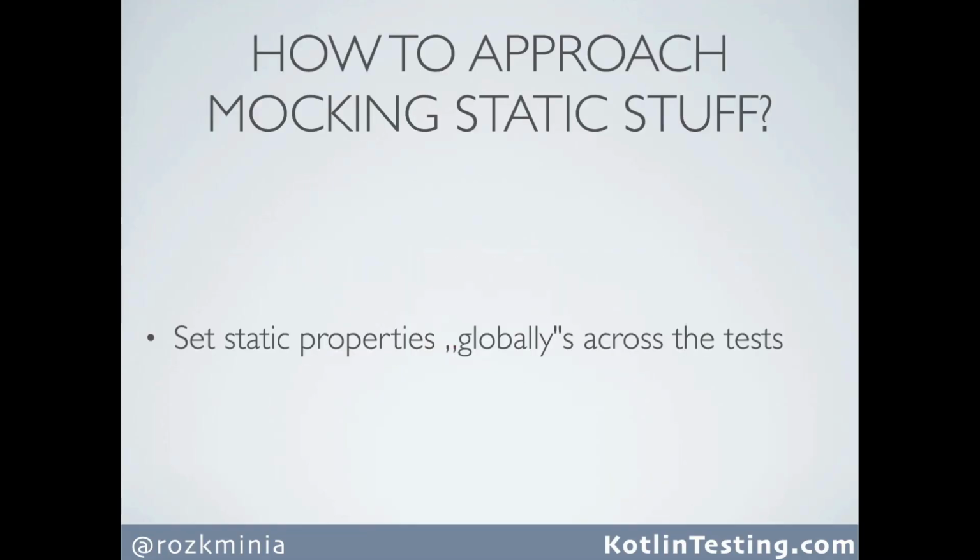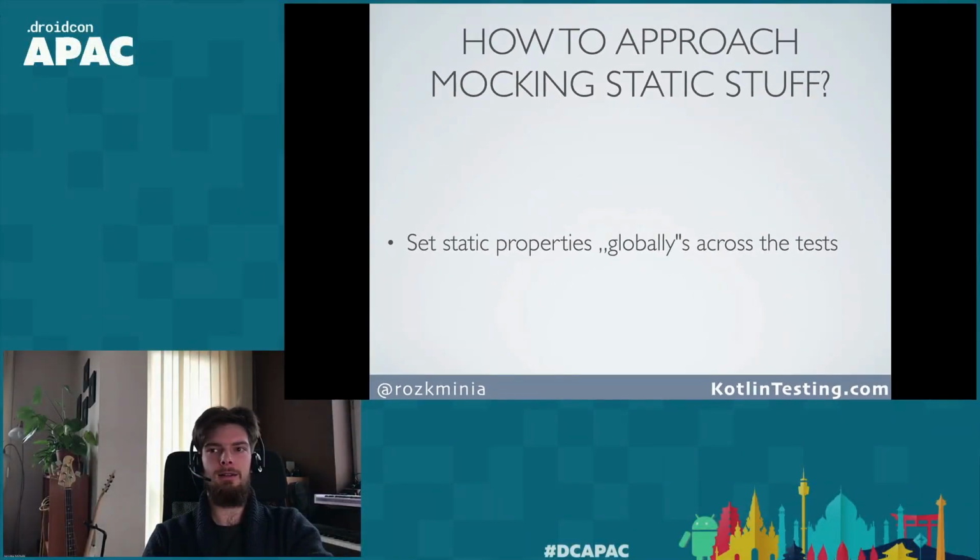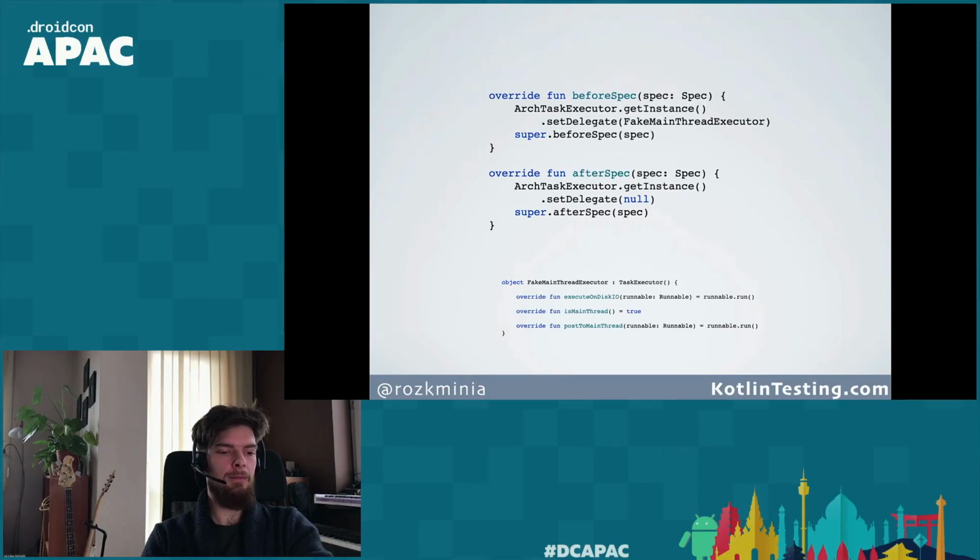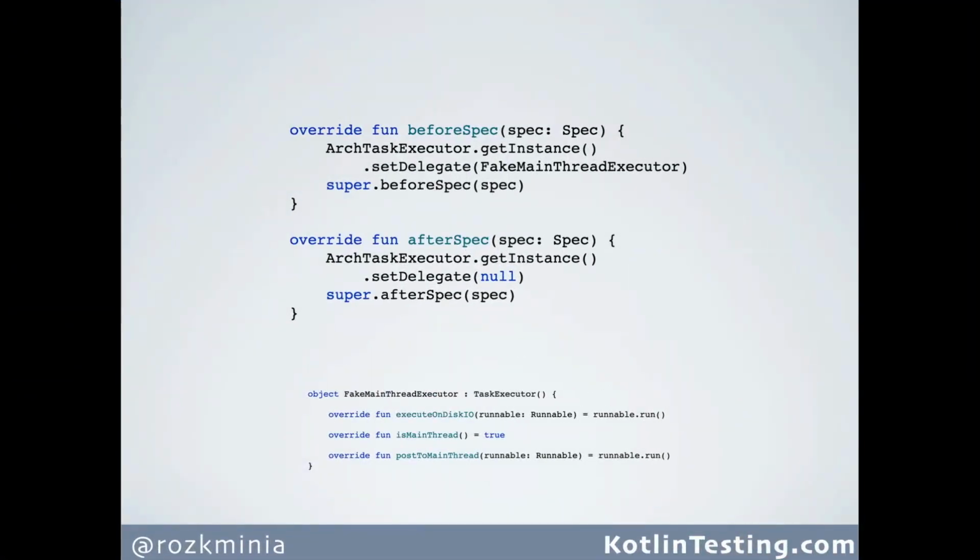And sometimes static methods are invoked underneath, just like it could be in LiveData. LiveData uses the Android main thread under the hood, so an approach could be delegating the main thread executor and setting its value before we execute our test suite and releasing it when we're done.